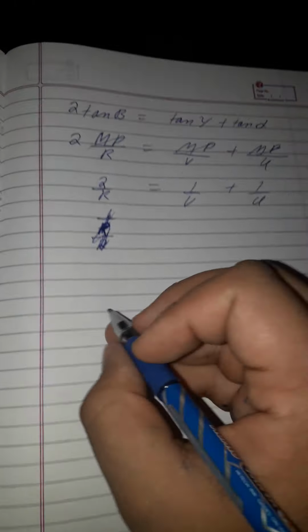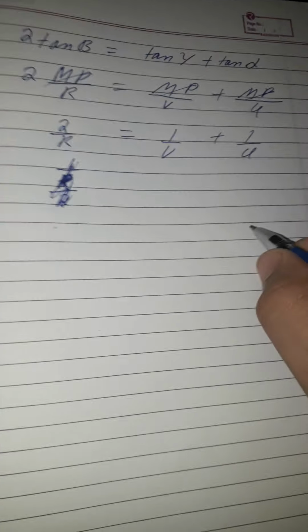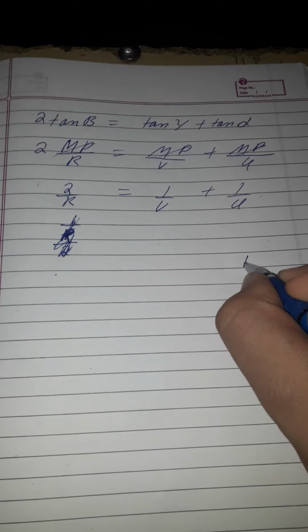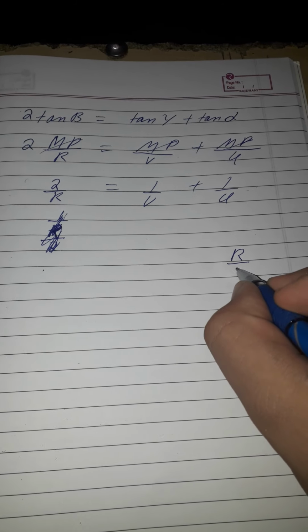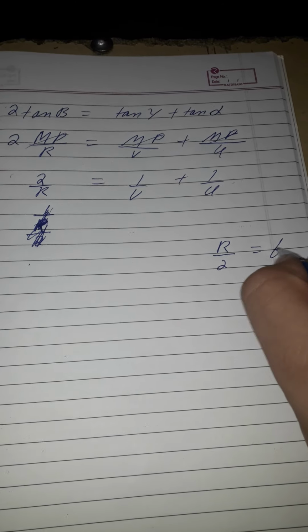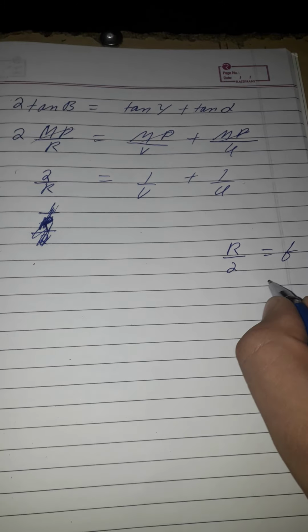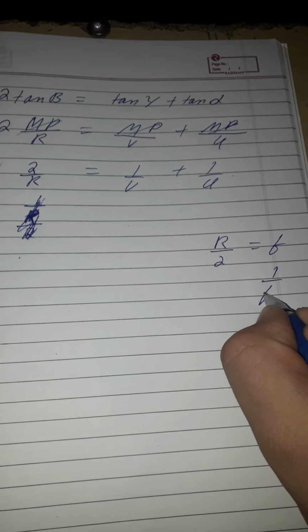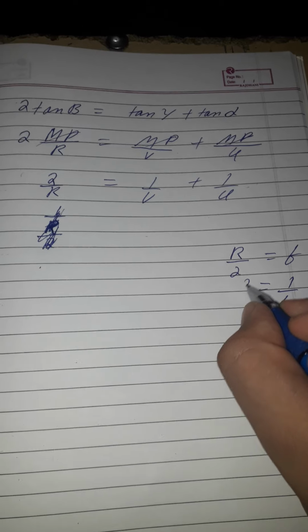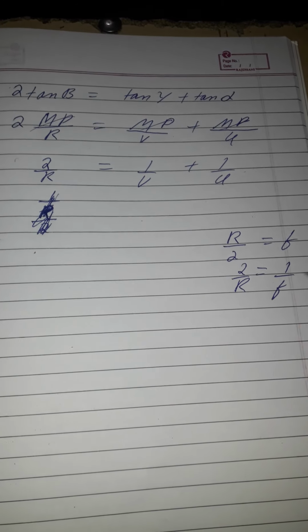We know that, I'll write here, we know that r by 2 is equal to f, right? So 1 upon f is equal to 2 by r, right?